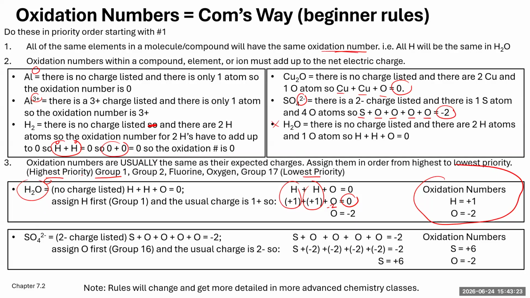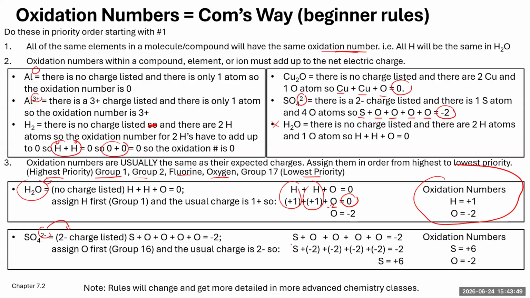All right, next one. Sulfate with a 2 minus charge, right? The reason we know it's 2 minus is because it's listed. So we have sulfur plus oxygen plus oxygen plus oxygen plus oxygen. We're going to assign the oxygen group first because it's listed here. Sulfur's not even listed as a group.